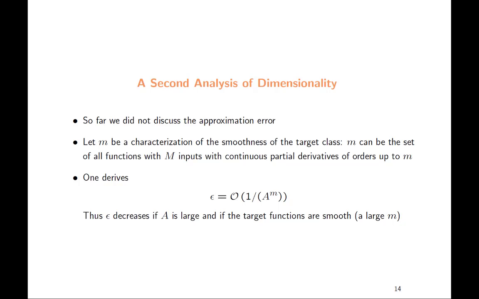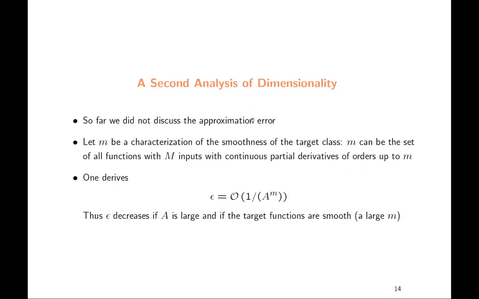So if a is large, so we have a lot of resources, the approximation error goes down, and if M is large, so if the target functions are smooth, then the approximation error is also small. So it's a very intuitive equation.